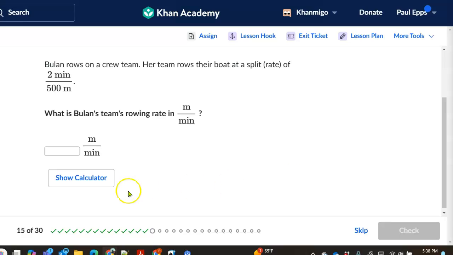Well, I mean, meters per minute. Okay, meters per minute. Well, it's 500 meters per 2 minutes. Is that an acceptable answer? Or should we say 250 meters per minute?